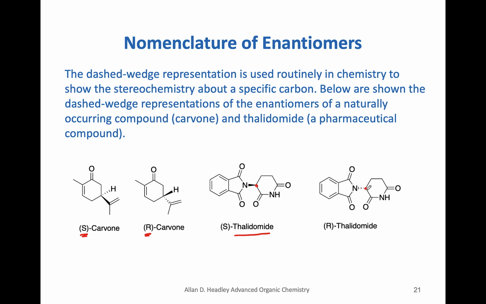The other one caused gross birth deformities. So that's another indication that the body can actually detect one enantiomer where it does good, and the other enantiomer is really bad. So that's very important in organic chemistry.